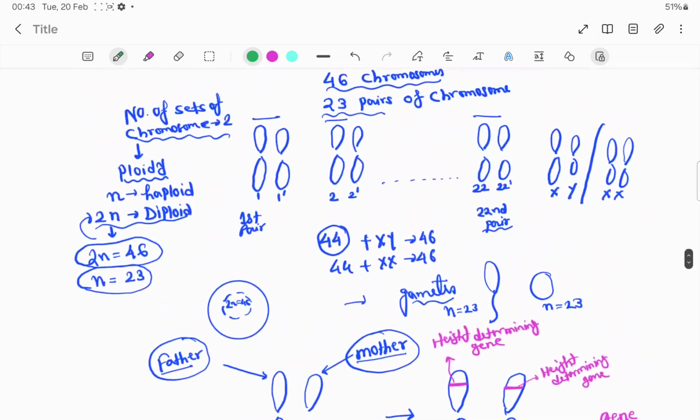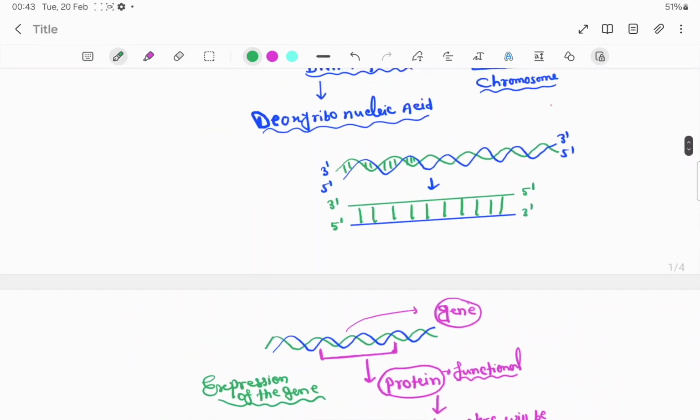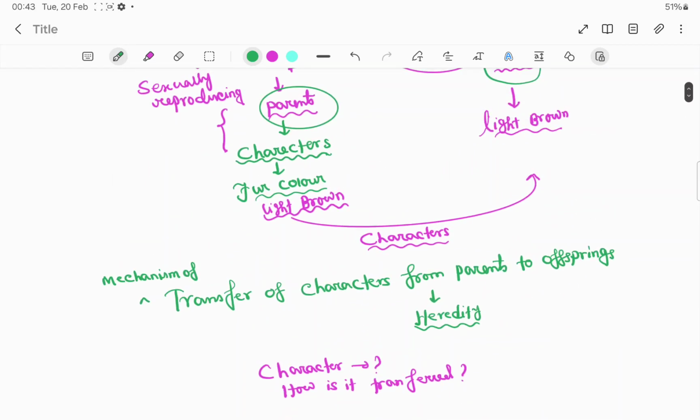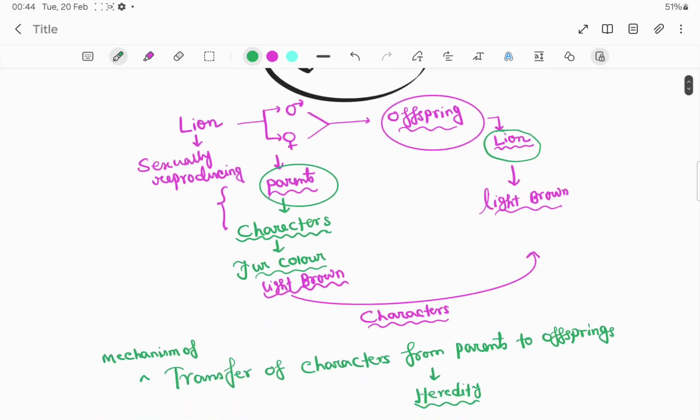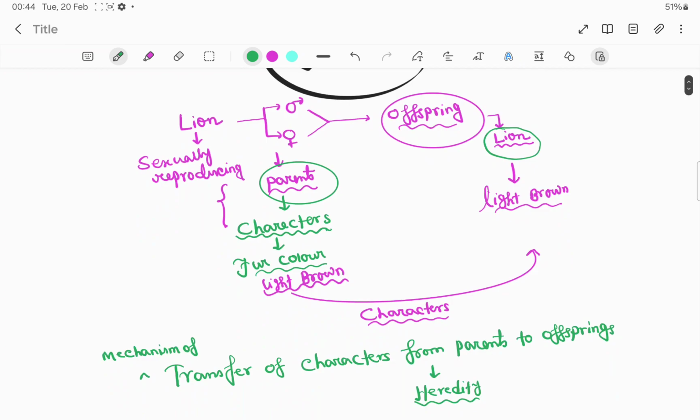So these are some basic things you have to know if you want to study genetics. From the beginning I have already told what genetics is. Genetics is just a mechanism by which the characters present in the parents get transferred to the offspring.